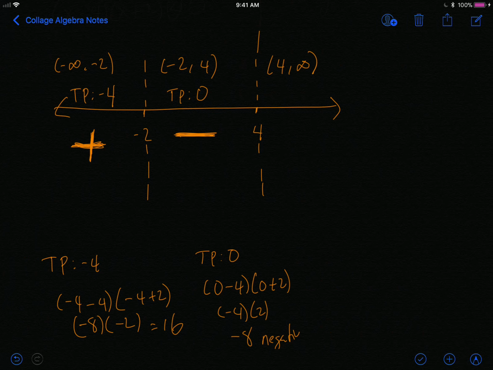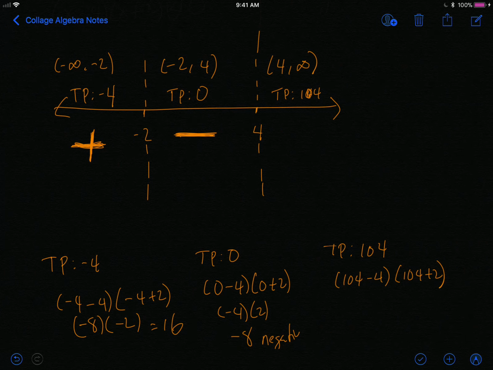The last region, a number between 4 and infinity, you can use any number. You can use 5. You can use 500. Let's go with 104. 104 is between those two, right? And so I have my test point of 104. So I have 104 minus 4 times 104 plus 2.